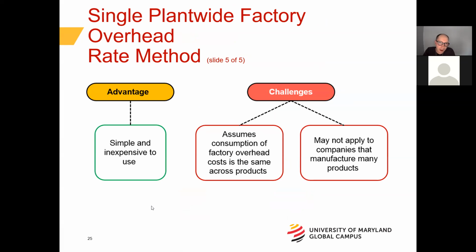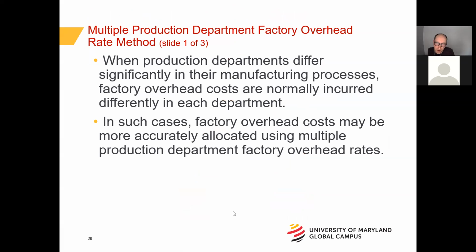Okay, advantages: it's easy to use. Challenges: not the most accurate, and it doesn't work well for companies that manufacture many products. It says it's the same across products, which is never the most accurate, because we know that products take different hours and different methods of manufacturing.